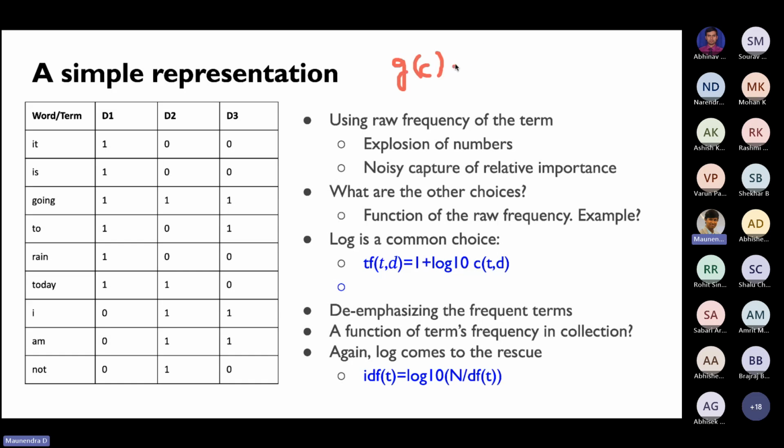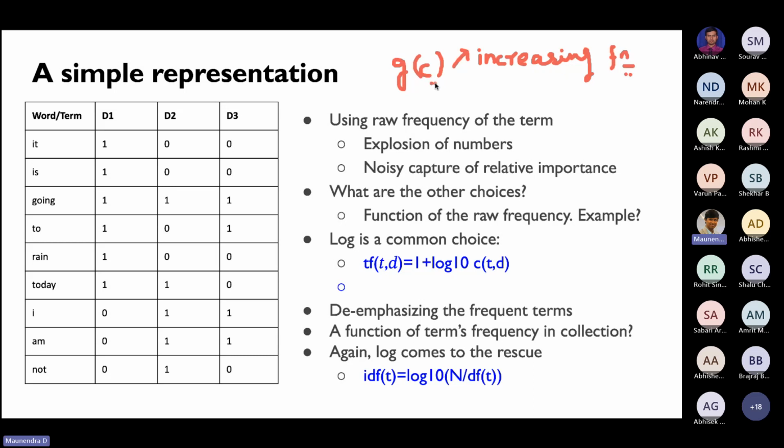And what are the properties of this g? It should be an increasing function. So what do you understand by an increasing function? If x1 is greater than x2, then f of x1 should be greater than f of x2. Exactly, precisely that is the definition of an increasing function.